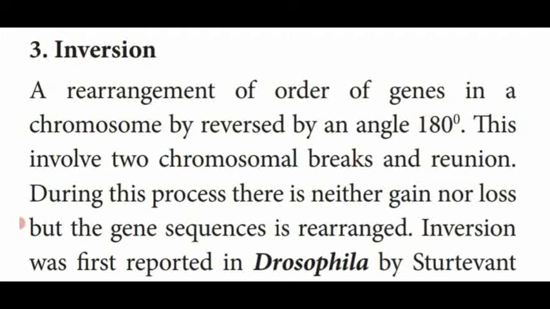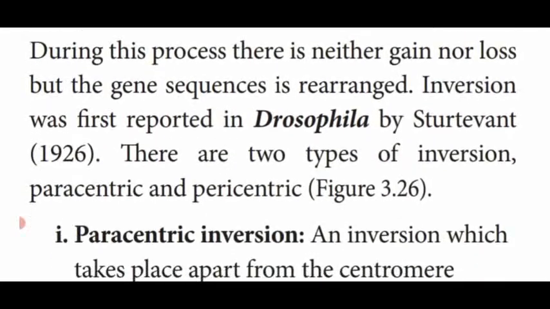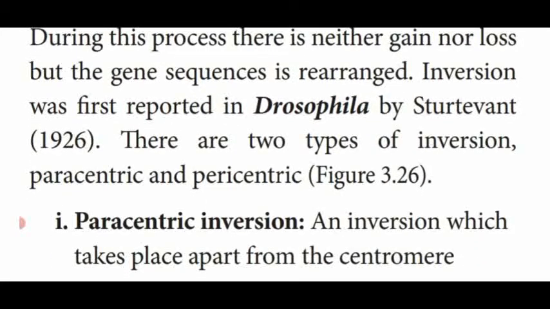This inversion aberration takes place through two processes: the breakage of a chromosome segment and the reunion of the segment. This breakage and reunion results in the rearrangement of genes at a 180-degree angle. During this inversion process, there is neither gain nor loss of a gene segment.